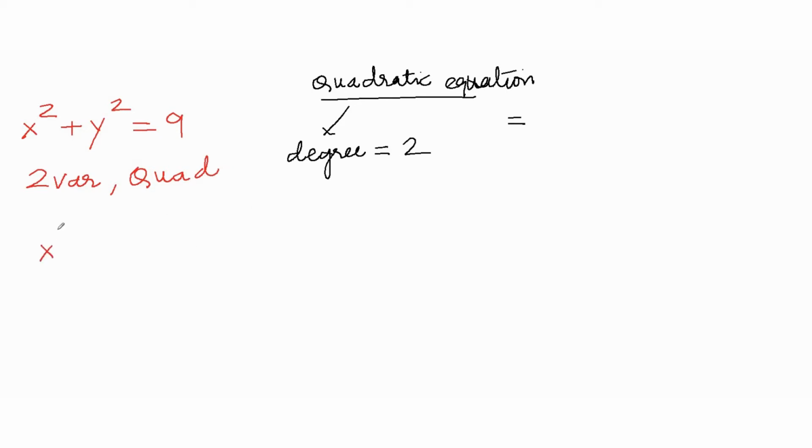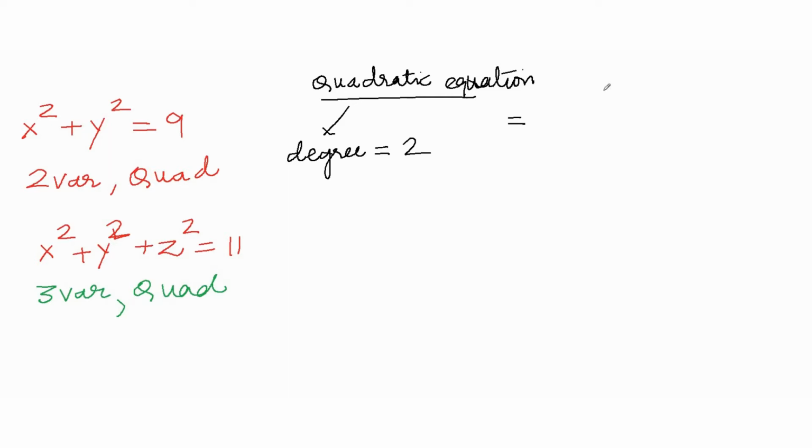Whereas if I take a look at this equation now, x square plus y square plus z square is equal to 11. The highest power of the variable is 2, but you will notice that there are three variables here. So this is a quadratic equation in three variables, right?